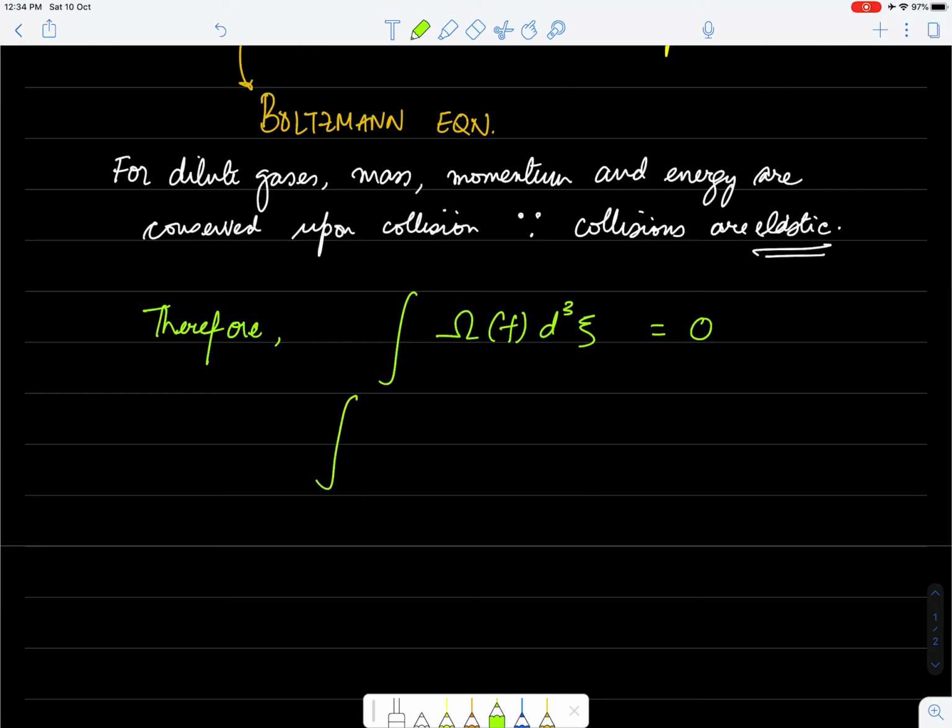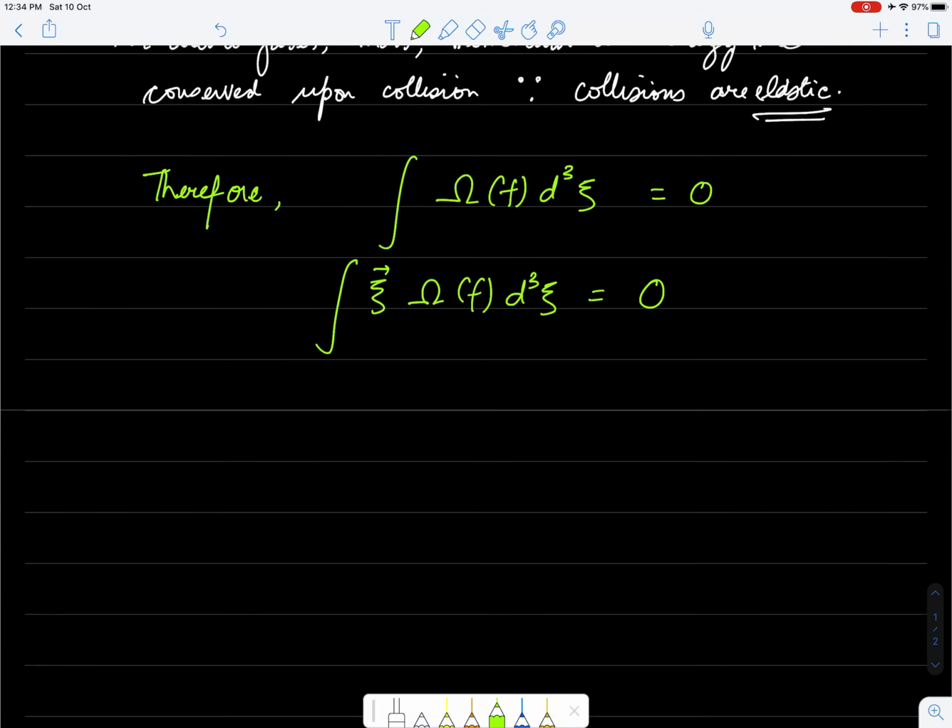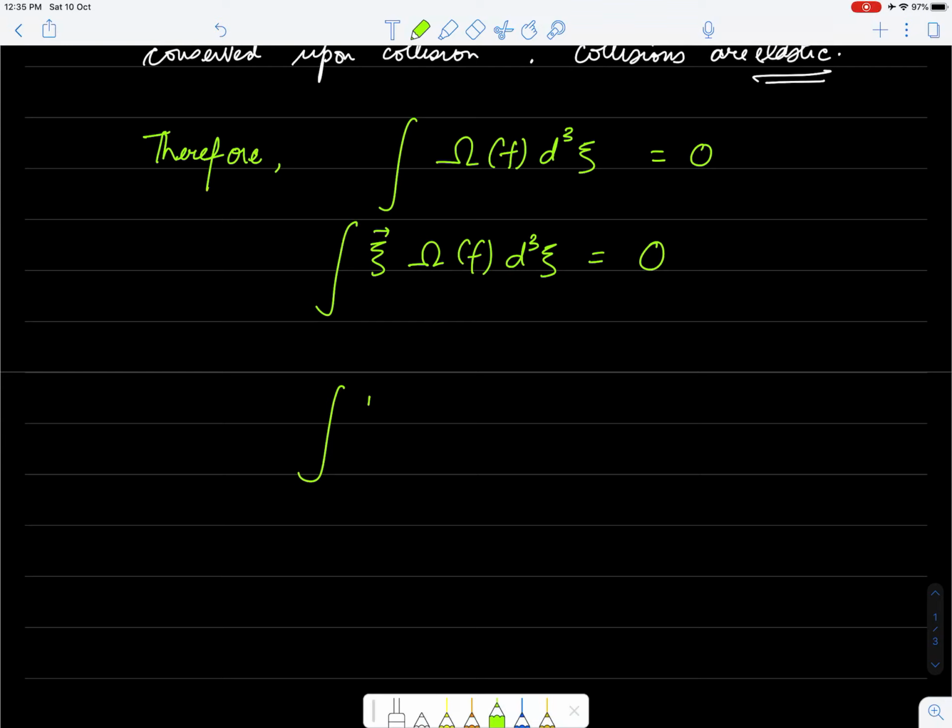For the momentum to be conserved, the first moment of the collision operator with phase space should be 0. And for energy to be conserved, the second moment of the collision operator with phase space should be 0.